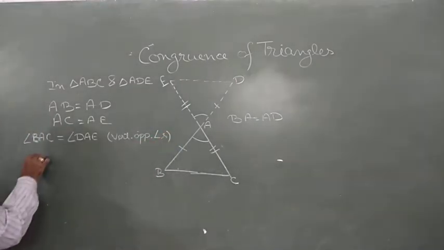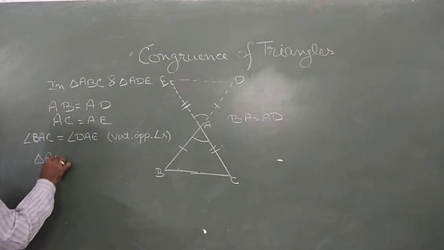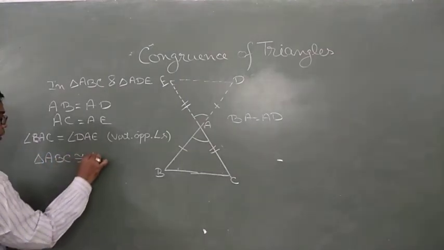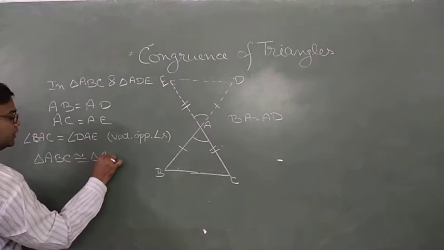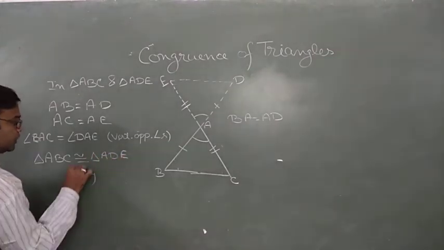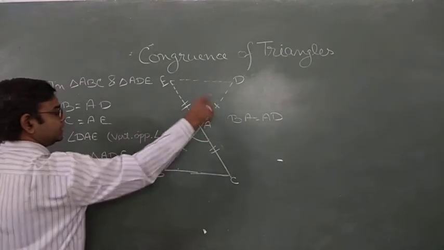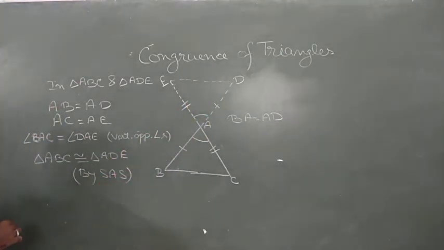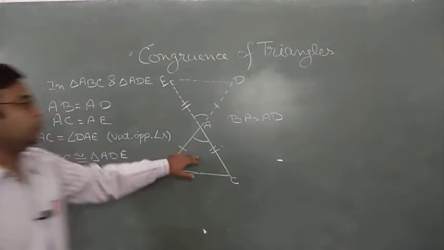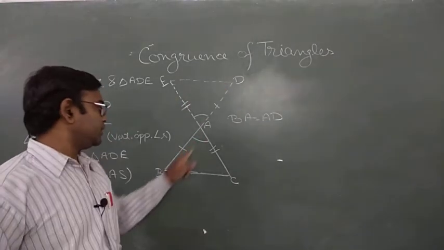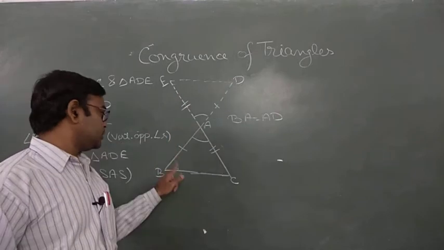So we can write triangle ABC is congruent to triangle ADE by which property? By the side angle side property. Clear? Now if we are able to prove these two triangles are equal, what does it mean? This means this angle equals this angle.